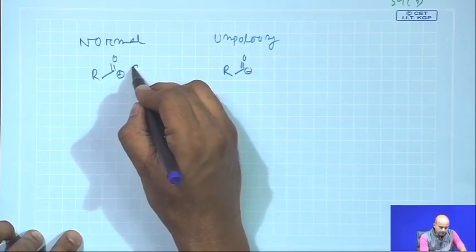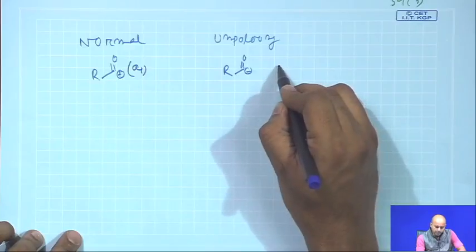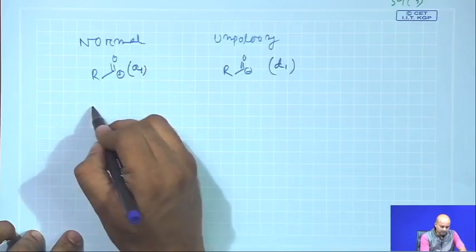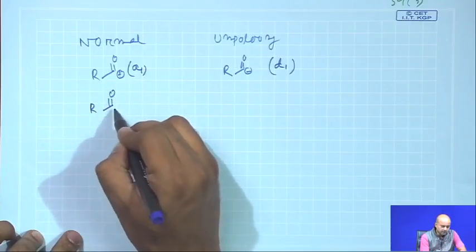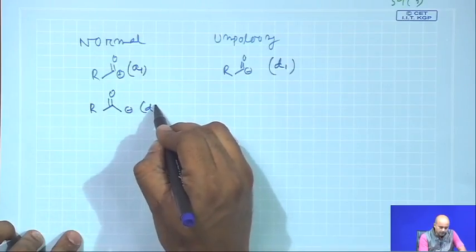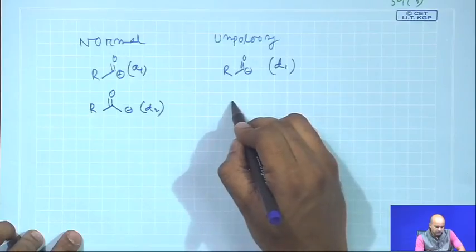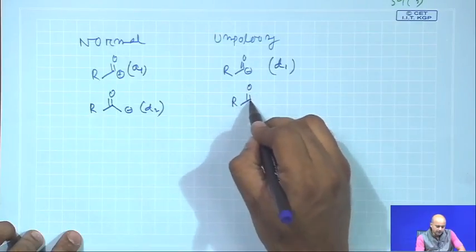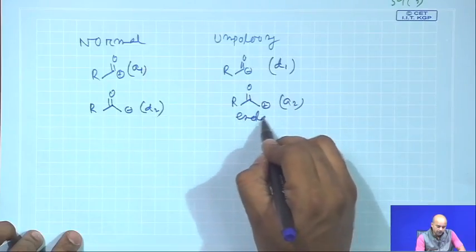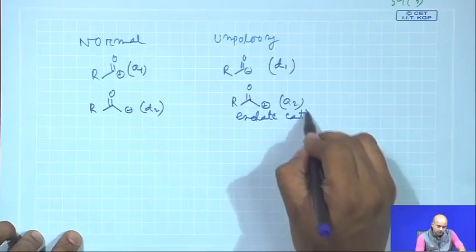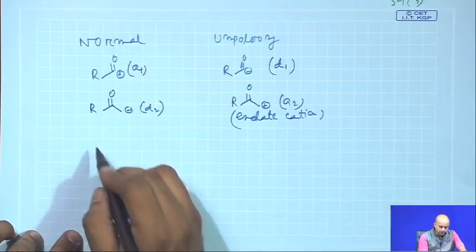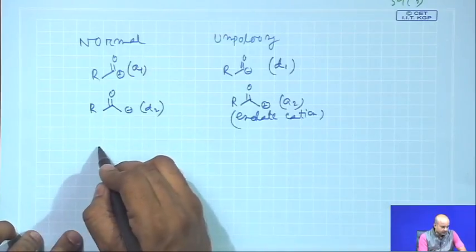The acyl cation is referred to as A1 and the Umpolung acyl anion is referred to as D1. Next, the enolate is absolutely known and is normal because the charge can be stabilized, but if you have a synthon like this, which we call an enolate cation, it is absolutely not a stable species. So you say Umpolung. There are very few examples, and we are not going to talk about this enolate cation.